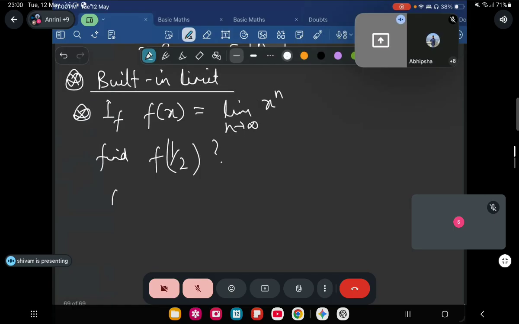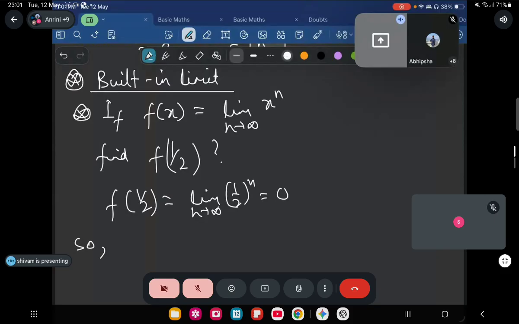You see, f of half will be equal to limit n tends to infinity half whole to the power n. Right, tell me, everyone. Now what is half whole to the power n? This will be equal to 0.